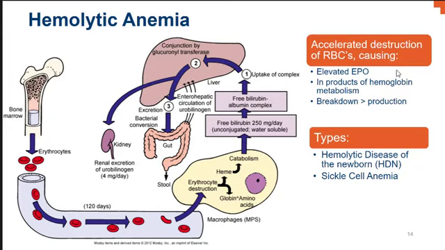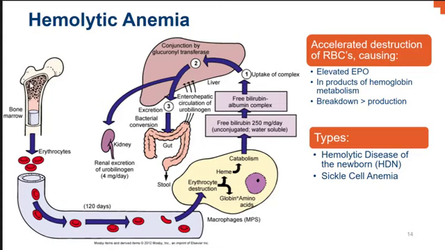Well, some of the things you can see is elevated EPO. So if the body is breaking down these red blood cells at a much faster rate than we're producing red blood cells, then we are reducing our overall oxygen carrying capacity in our blood, and our kidneys, we know, pick up on that, and the kidneys will release erythropoietin, which will stimulate the red bone marrow to produce more red blood cells.